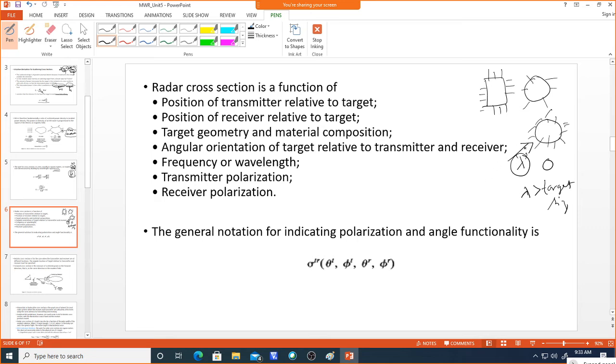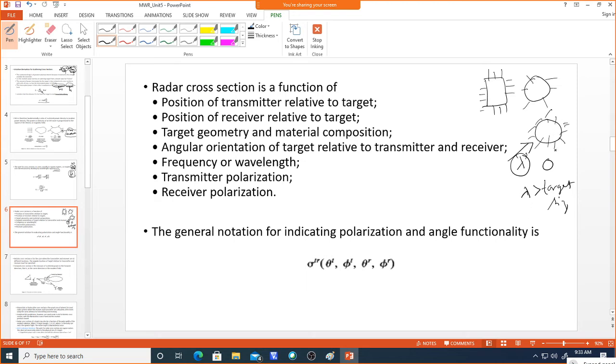Now if lambda is very very small compared to the target size, then the scattering will be obtained in different regions. That means each region acts as an individual scatterer. Many scatterers combine together and give the total RCS.